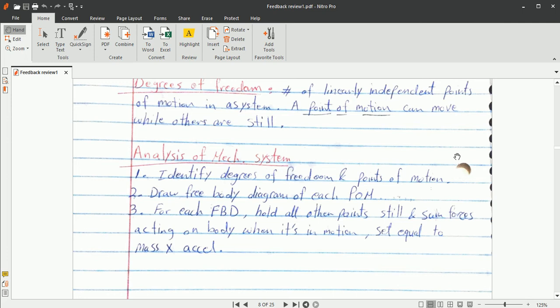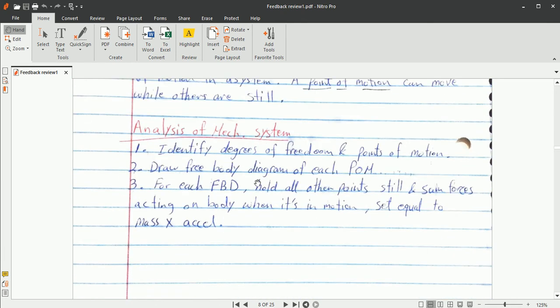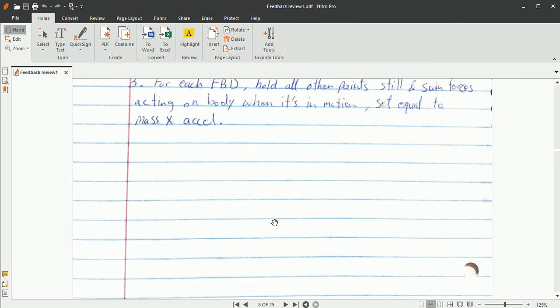Then we will add up all the forces and equate them like Newton's law. We will apply these laws according to the nodes approach. For each FBD, free body diagram, hold all other points still and sum the forces acting on the body while in motion, set equal to mass into acceleration. We will do this.